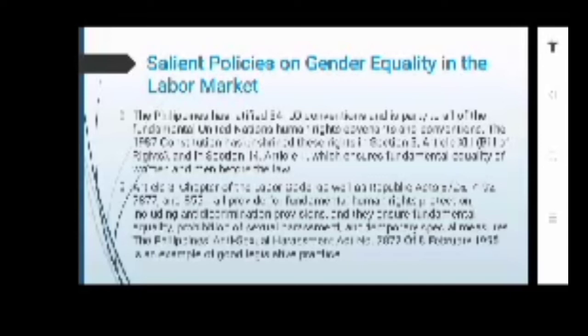Article 3, Chapter 1 of the Labor Code, as well as Republic Act 6725, 7192, 7899 and 8551, all provide for fundamental human right protection, including non-discrimination provisions, and they ensure fundamental equality, prohibition of sexual harassment, and temporary special measures.